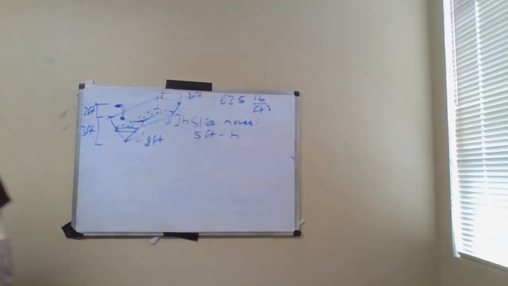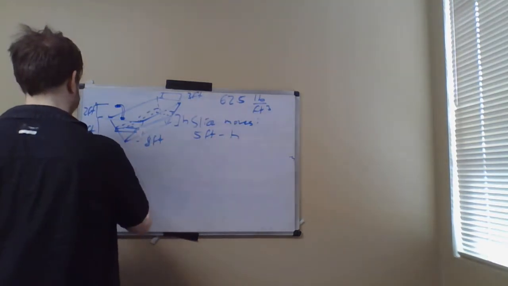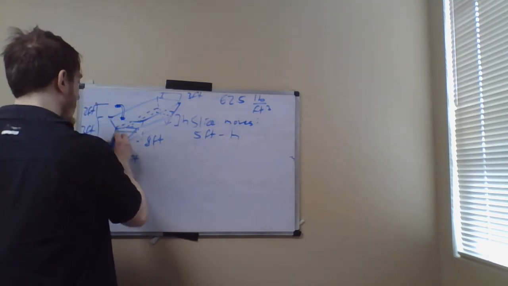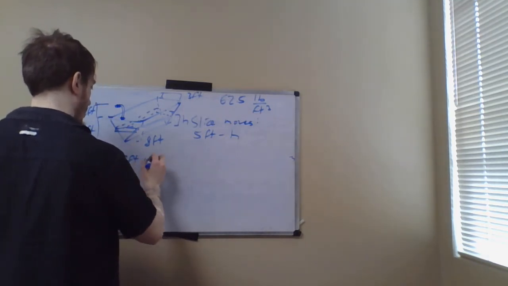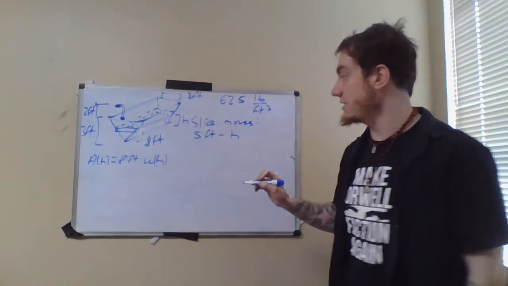What is the area of a slice? Well, the area as a function of h is going to be 8 feet times the width of the slice. And what is the width of one of these slices?